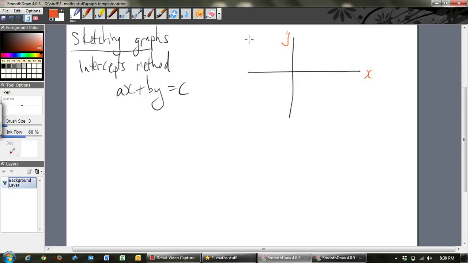If you have some line going like that, then the Y-intercept is wherever it crosses the y-axis, where it's intercepting the y line. Similarly, the x-intercept is where it crosses the x line. It crosses the x-axis there, so we call that the x-intercept.